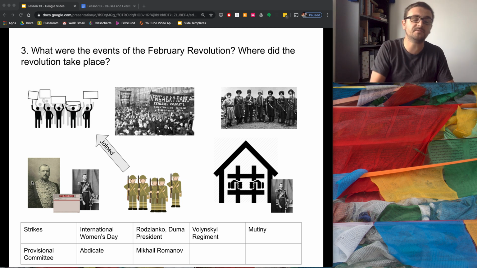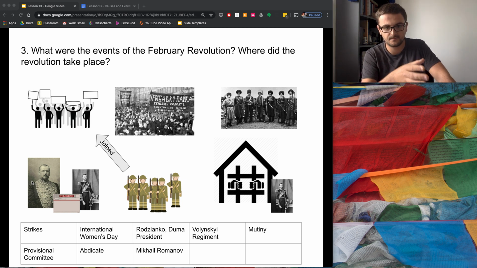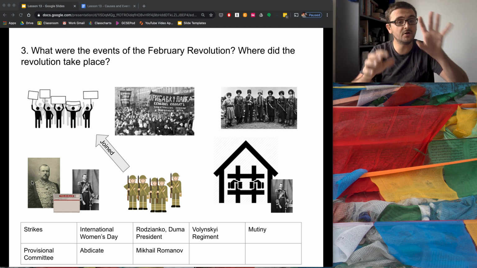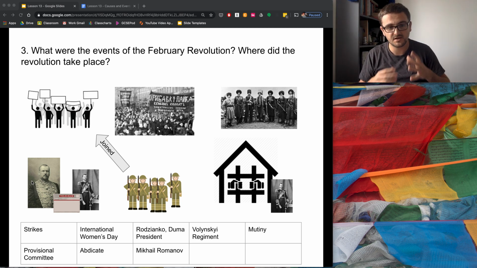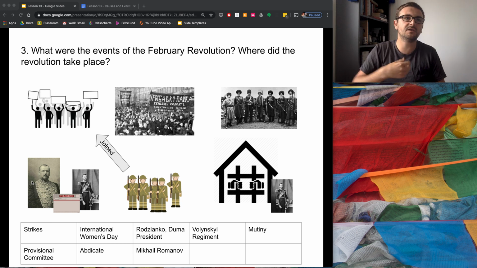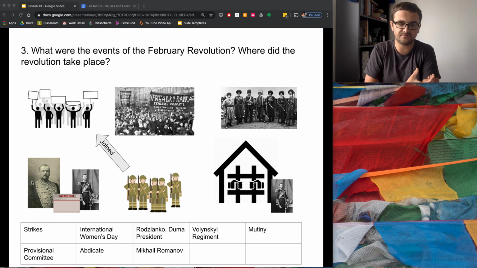They've given their weapons to the protesters. The Duma have self-appointed this provisional 12-man committee to lead the government. But at the same time, the protesters and the workers have also set up the Soviet councils to lead the country as well. So not only have they lost control of Petrograd, but these other rival governments are being set up, fighting for control of Russia and Petrograd.